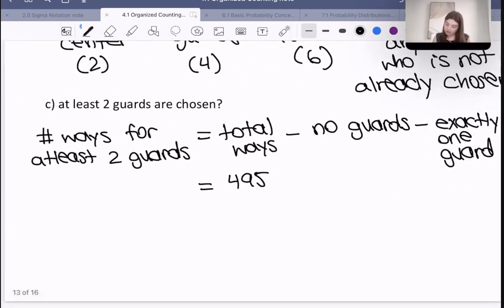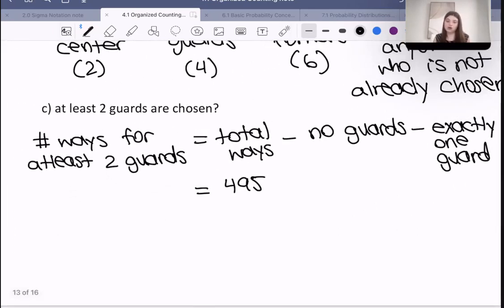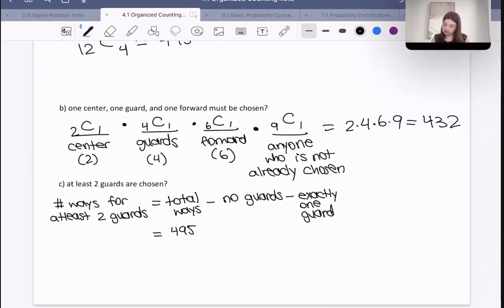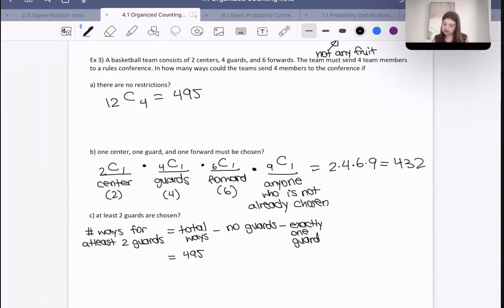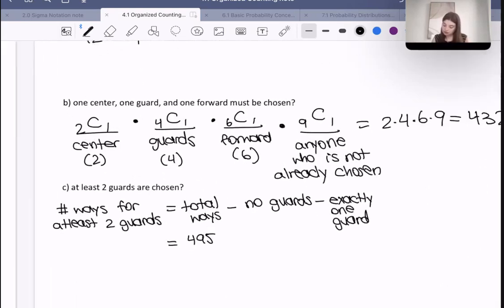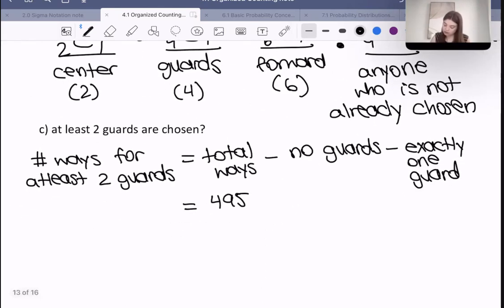How about how many combinations are there of having no guards? Well, let's see. There are 4 guards, 2 centers, and 6 forwards. So that means we'd have to choose only people who are centers and forwards. There's 8 people who are centers and forwards together, right? 2 plus 6 is 8. And we would have to make it a team of only those people. So minus 8 choose 4 for no guards.